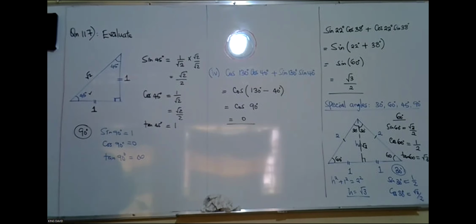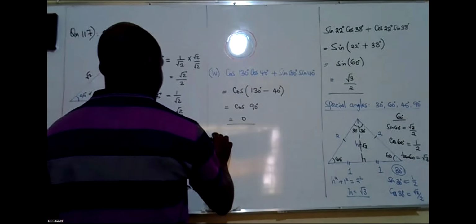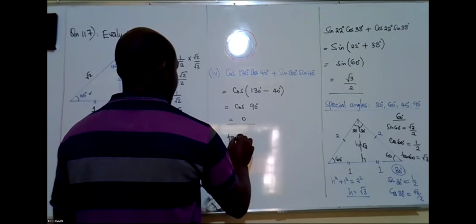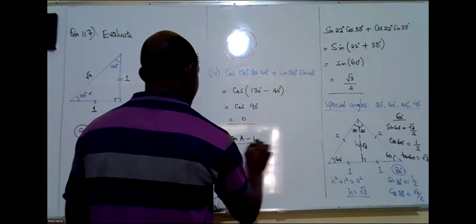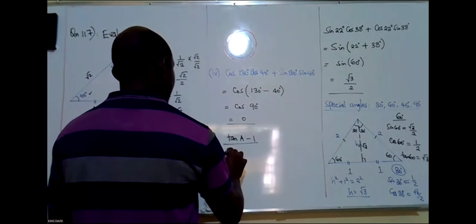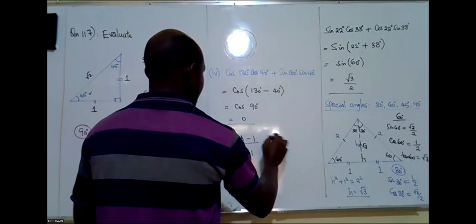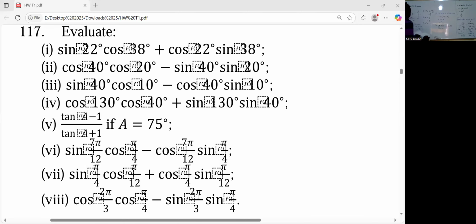Part 5 says tan A minus 1 out of tan A plus 1 if A is 75 degrees. I want you to evaluate that.